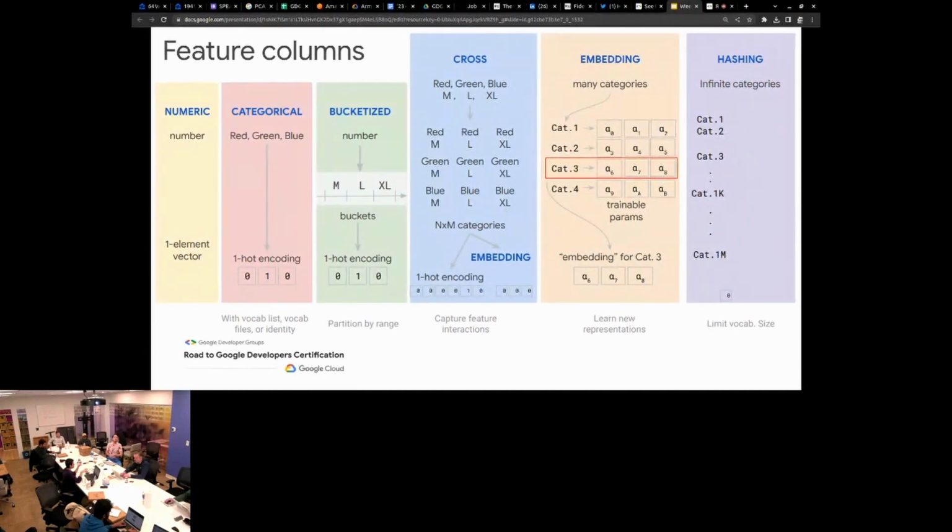Now that we have the numeric, the categorical, and the bucketized features, you can apply feature crossing, which is a method that allows you to put a weight on a combination of the features. And don't let it confuse you.